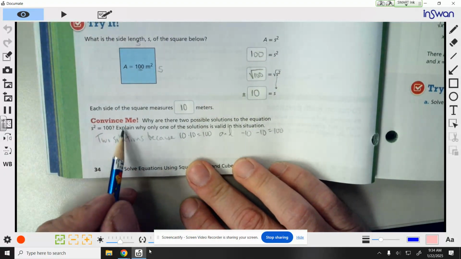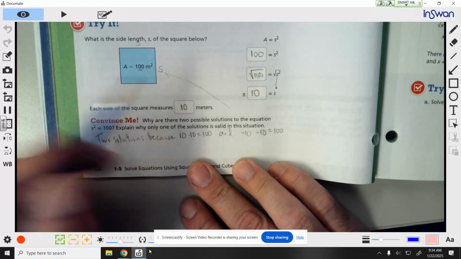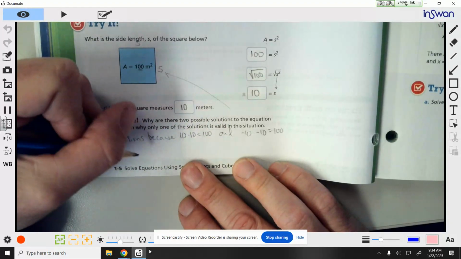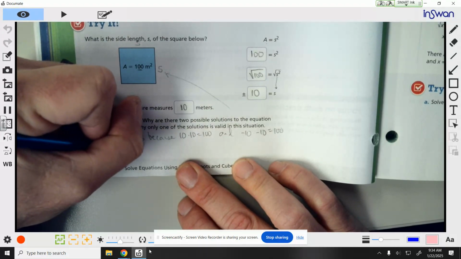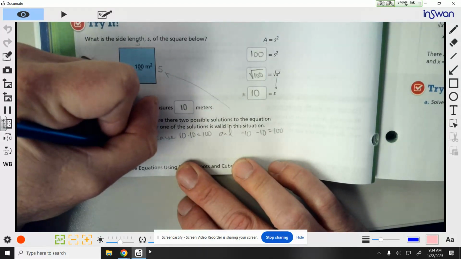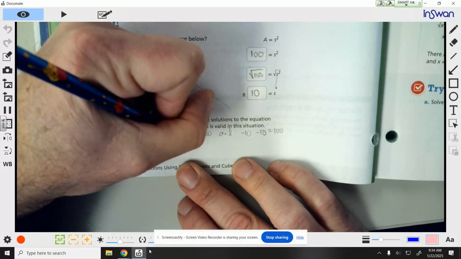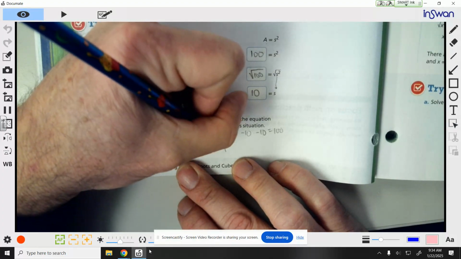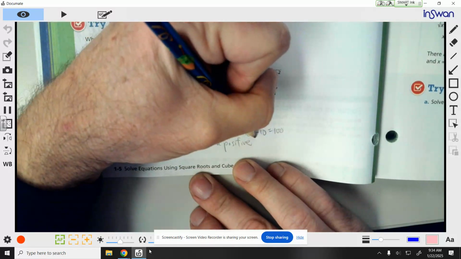Okay, but this next part, explain why only one of the solutions is valid for this problem. Well, we just mentioned that squares have to have a positive length.